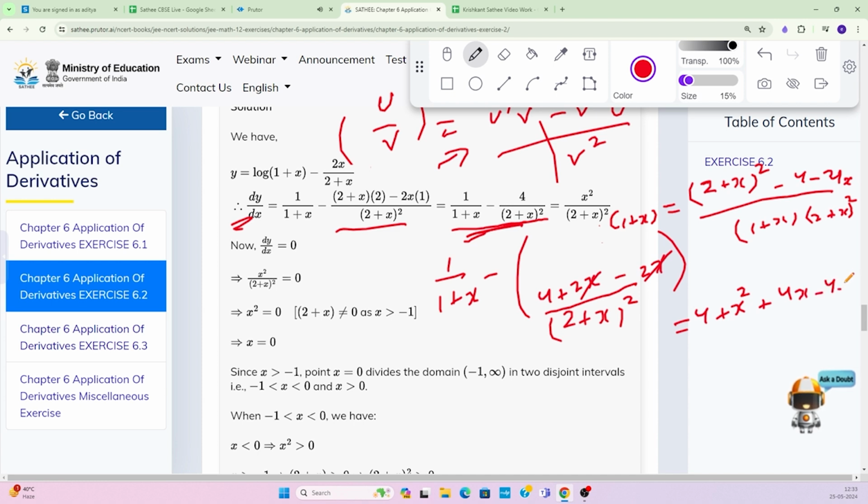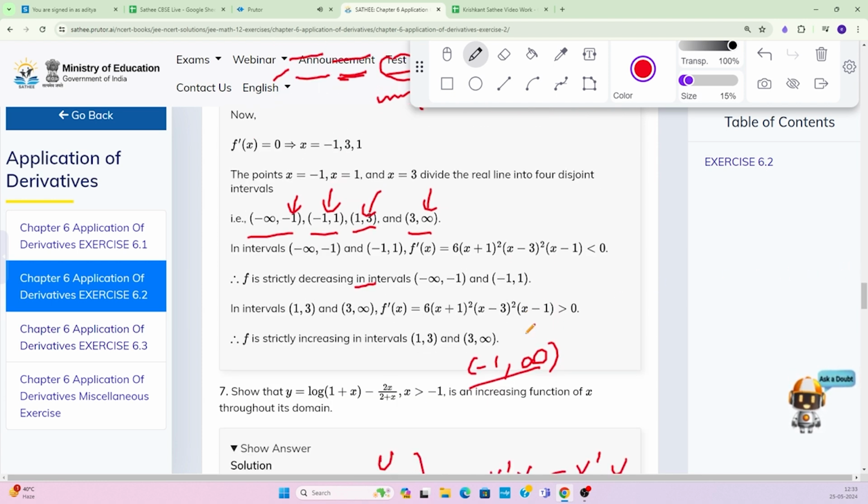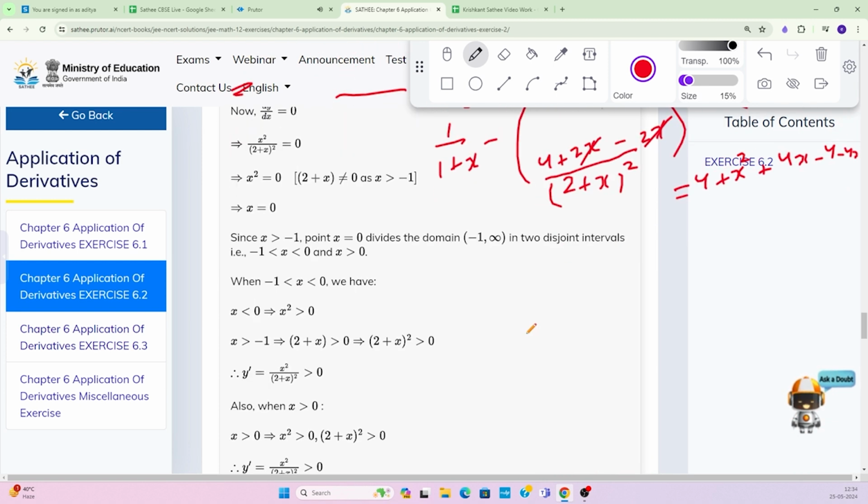Now you can directly eliminate this thing. You can directly eliminate the 4 and this term, and you are now having in the denominator 1 plus x and 2 plus x square. Clear? I hope that it is clear to you.